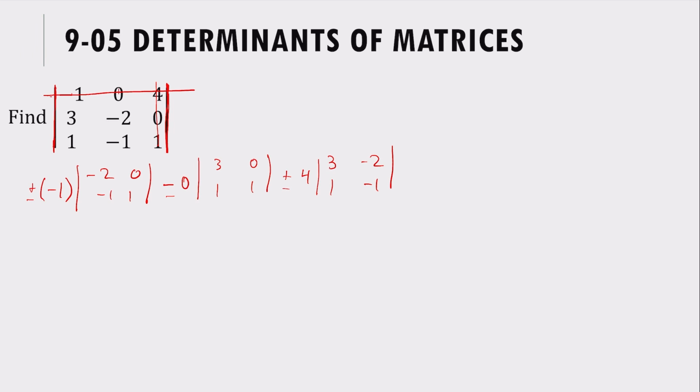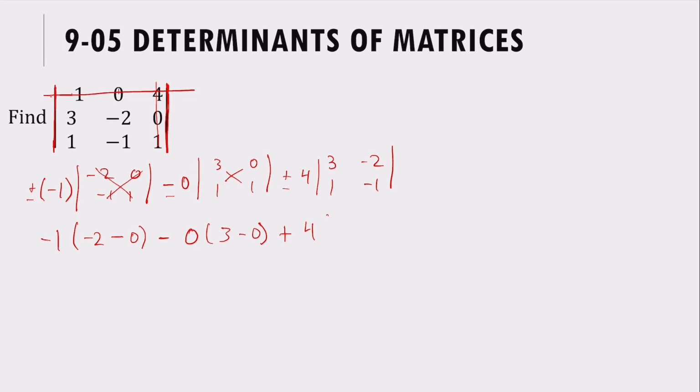So let's go ahead and find our little determinants. So this is negative 1 times negative 2 minus 0, minus 0, and you really don't have to calculate the little determinant, because 0 times anything is 0.